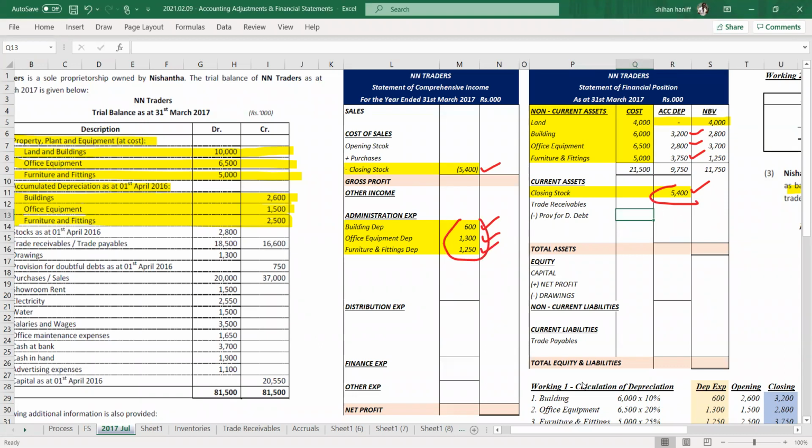If you can show the workings, it will be better. I always prefer to show the workings. When I do the exam, I write all the workings. Whatever I do, any simple calculation, I will show in my answer. So when the examiner doing the marking sees it, he knows that I have done the calculation.